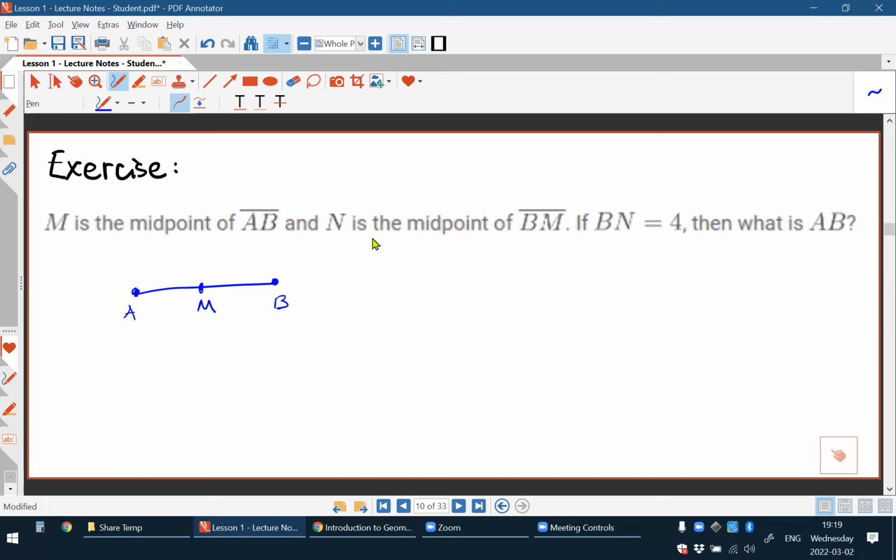And it says N is the midpoint of BM. So where is N? N is here, right? And if BN is 4, we know that this length is 4. And the question is, what is AB? This checks your knowledge about the midpoint.